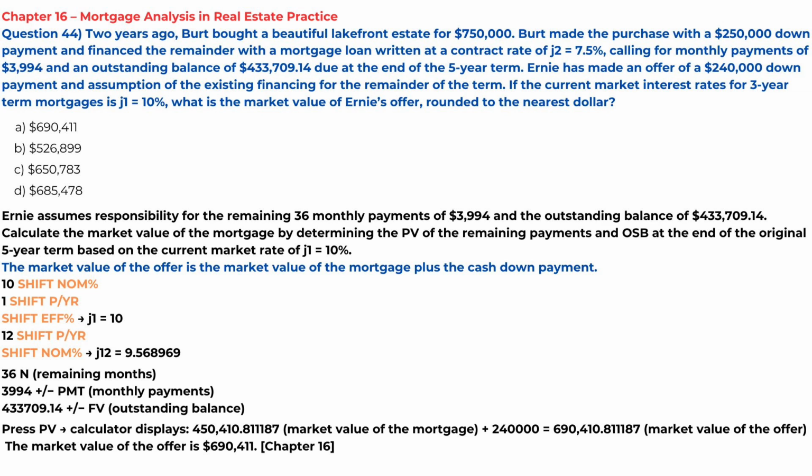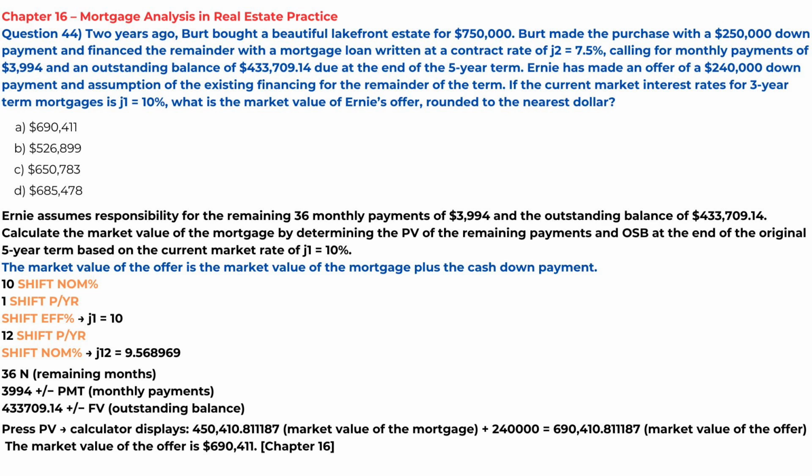Ernie assumes responsibility for the remaining 36 monthly payments of $3,994 and the outstanding balance of $433,709.14. Calculate the market value of the mortgage by determining the PV of the remaining payments and OSB at the end of the original 5-year term based on the current market rate of J1 equals 10%. The market value of the offer is the market value of the mortgage plus the cash down payment.